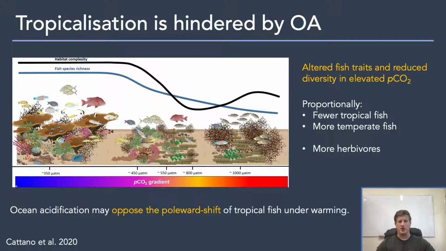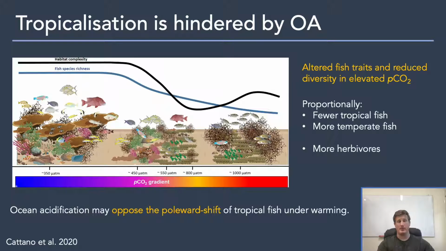So many of the tropical fish that we found within our control environment were lost because they're typically associated with a particular habitat, whether it be anemone or coral. And so within our high CO2, we found fewer tropical fish, more temperate fish, and generally more herbivores. And so overall, this suggests that ocean acidification may oppose the poleward shift of tropical fish under warming as it lessens the available habitat.